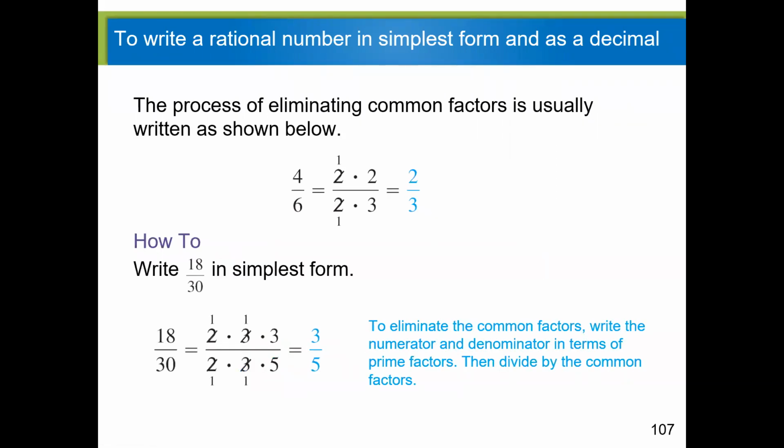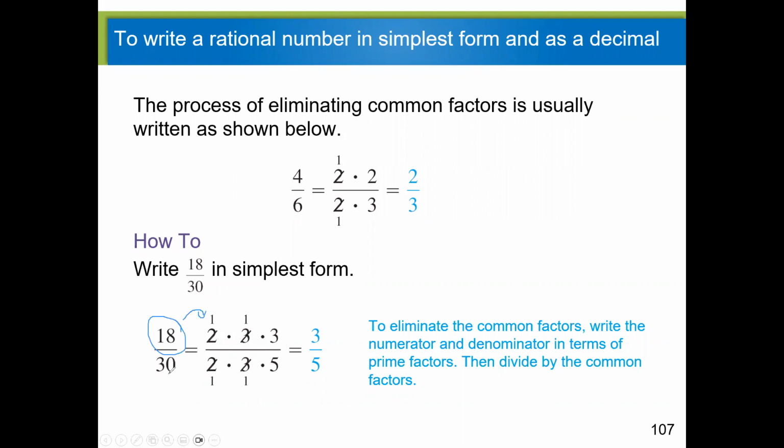So again, we can use an example here: write 18/30 in simplest form. You could go through the effort of brute forcing it, just trying a bunch of numbers. But again, this is where common factors are super useful. If I take 18 and factor it into its smallest prime factorization, I get 2 times 3 times 3. Excellent.